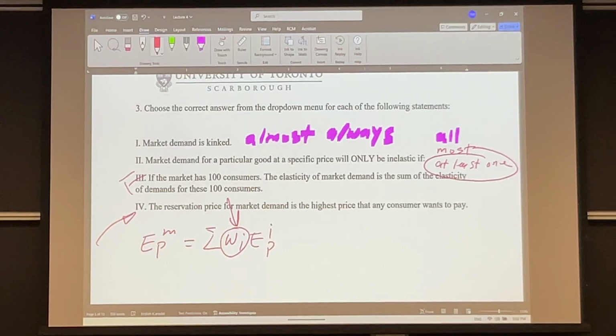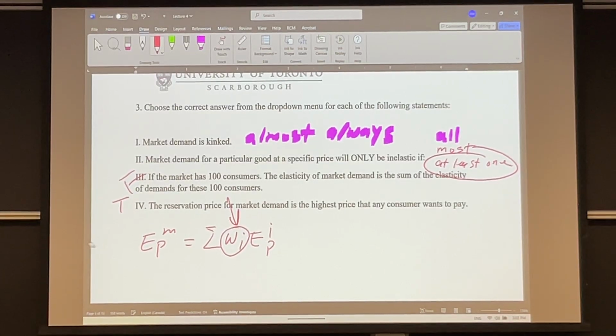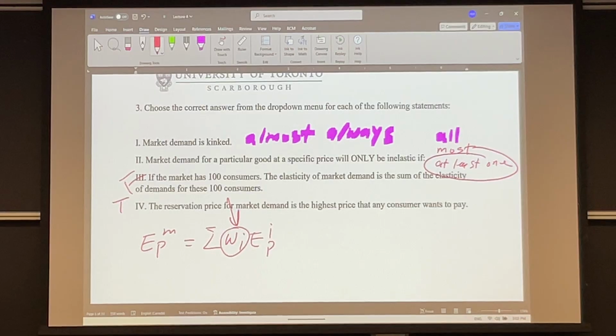It's the maximum price that anyone wants to pay. Market reservation price is the highest price anyone wants to pay for the good. That is true. If someone told you that the reservation price for the new Apple iPhone 17 is 10,000, it means no one wants to pay more than 10,000.